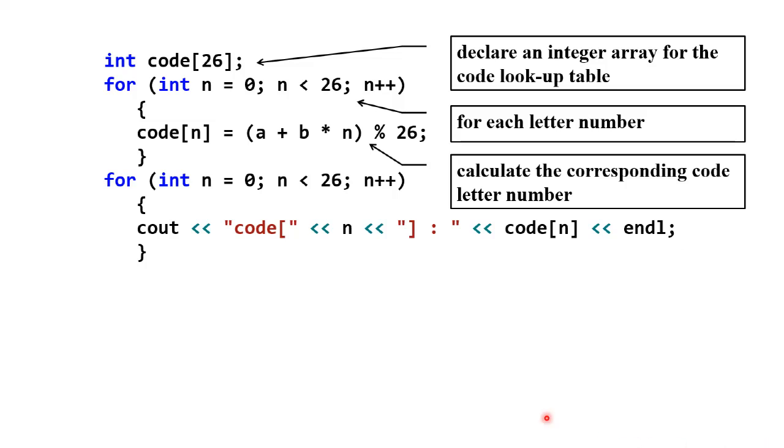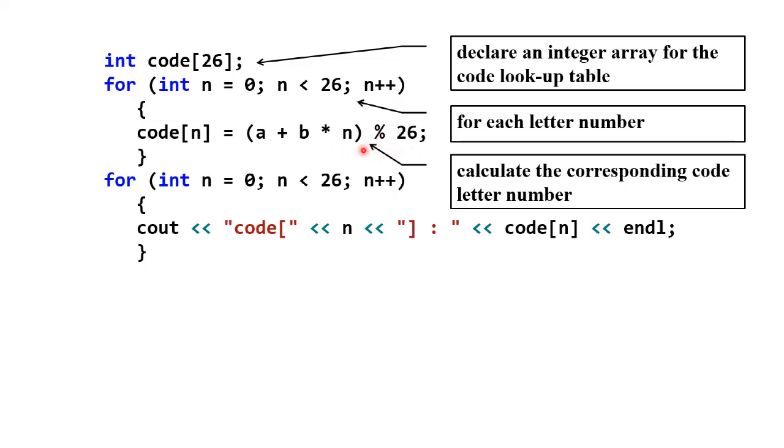Again, A and B are parameters that are based upon the number of characters in our code message. For each value of n, that is, for each letter number, we calculate a corresponding code number, and we get it to wrap around between 0 and 25 by doing a modulo divide by 26.